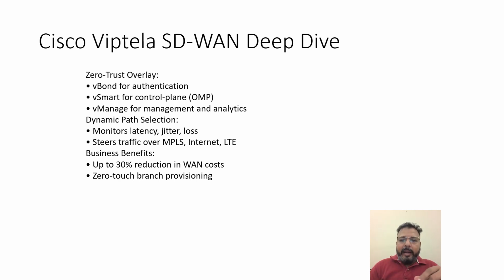In today's world, when employees work from home and businesses use a lot of cloud apps, having a flexible and intelligent WAN is essential. Imagine your global offices working together easily, your cloud apps running faster, and your IT team no longer stuck with the endless firewall rules which they earlier used to.